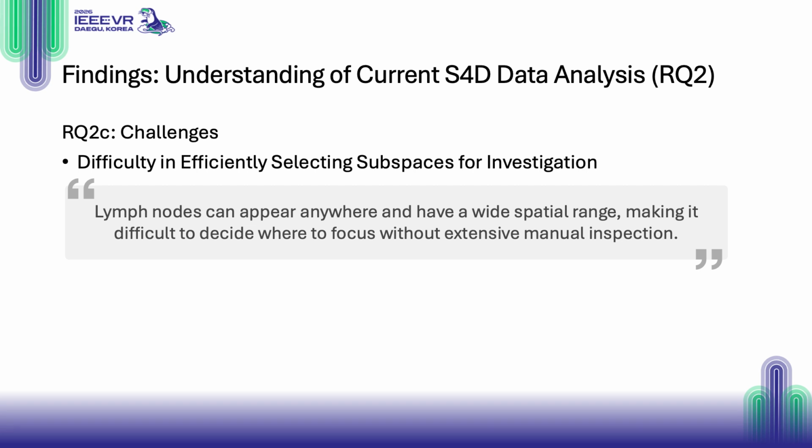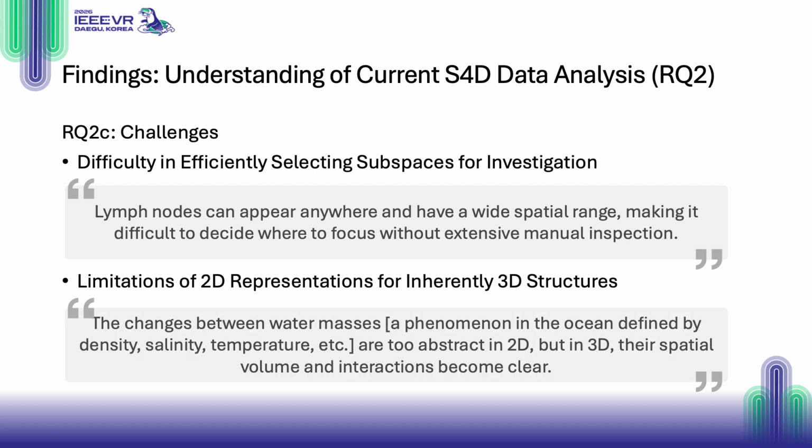First, it is difficult to efficiently select subspaces for investigation. Our participants often struggled to determine where to focus, relying heavily on trial and error manual methods. Second, the 2D representations cannot fully capture inherently 3D features, such as volumetric distributions or irregular shapes.